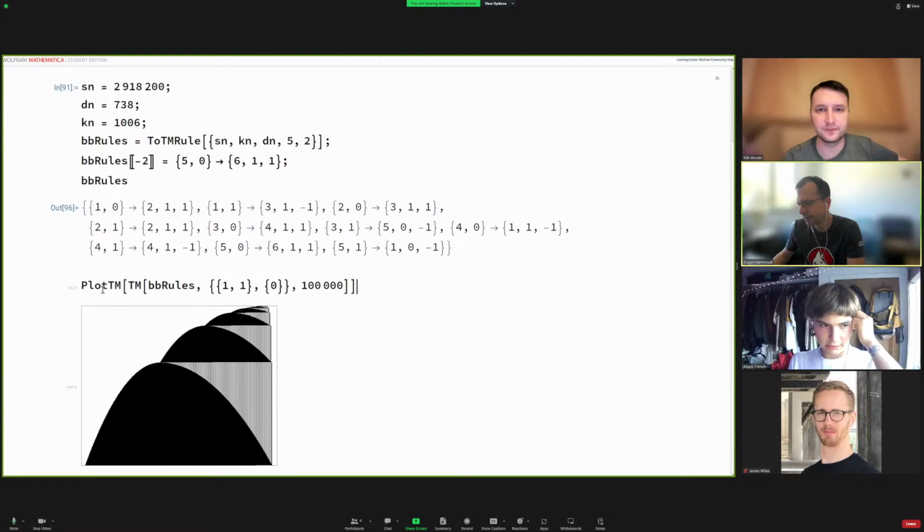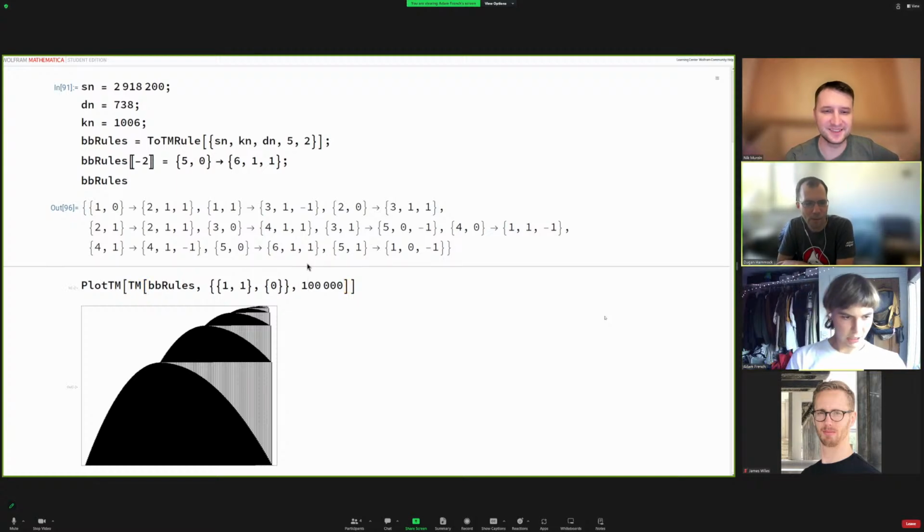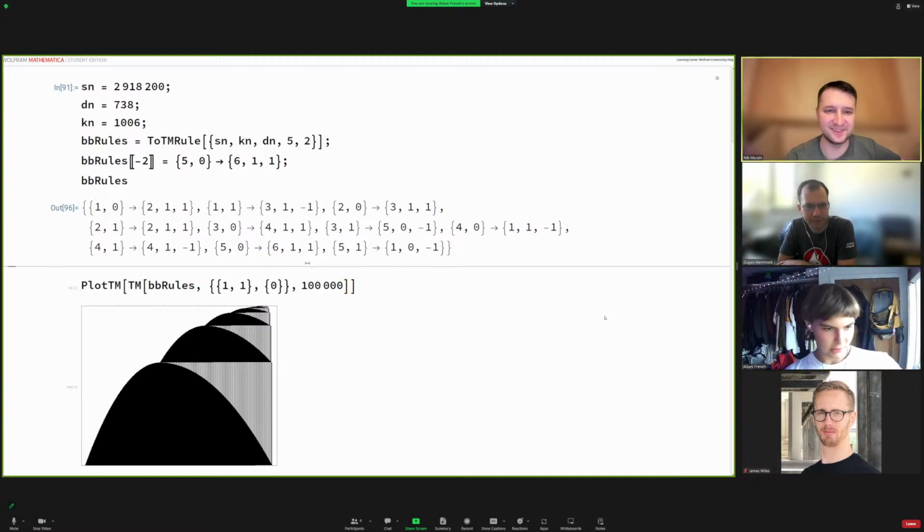I forget the stats on it. In this case, I've only done the first 100,000 time steps, but it's something ridiculous. I tried to run this on like 500,000 and my PC crashed, so I was like, not doing that. Okay, fair enough.